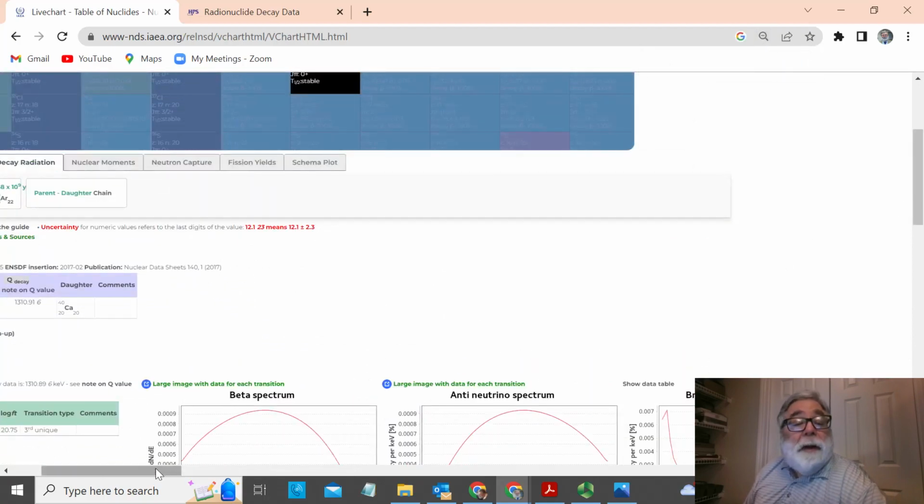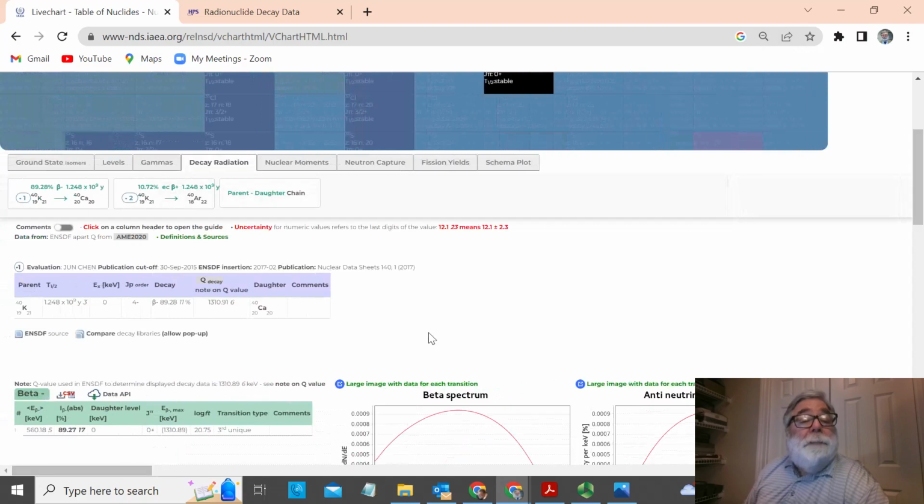I'm going to show you how to read these. We end up with potassium 40, beta minus, calcium 40. This is one higher atomic number, because a negative charge was carried away and an additional positive charge remained in the nucleus.